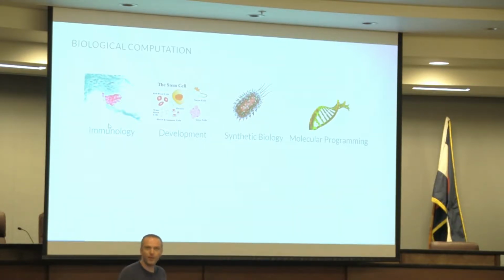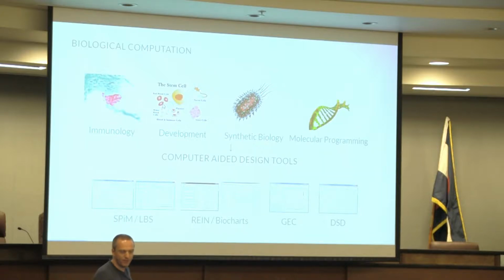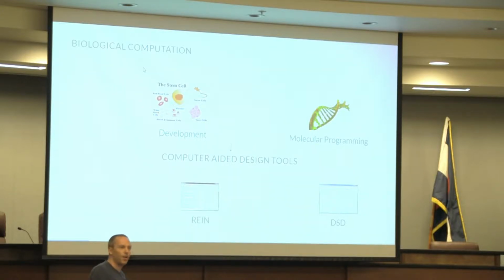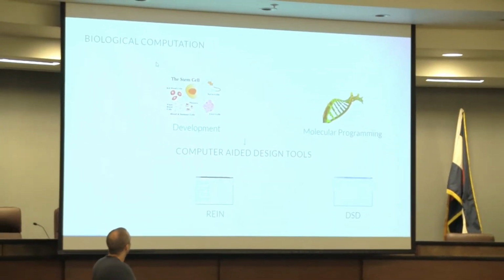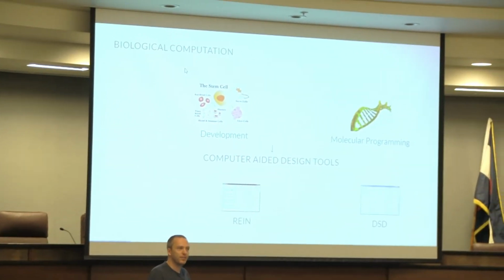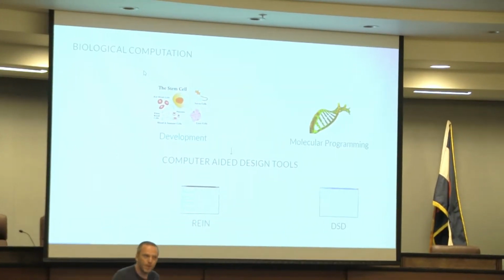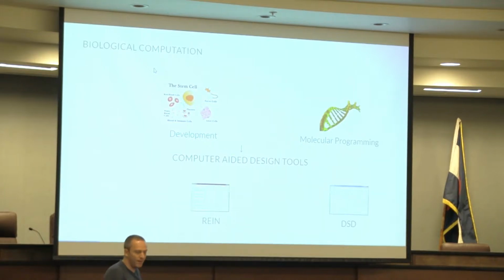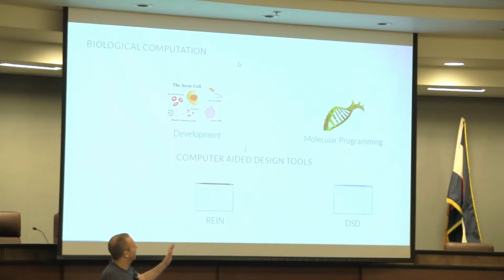And so the main areas that we work in go from scale of complexity, from immunology down to molecular programming. And in order to demonstrate what I want to show to people, I'm just going to focus on two areas. And so the development side of existing cells, and one feature of that, which is the self-renewal mechanism, which some of you may be familiar with from stem cells, and the molecular computing side of this as well.